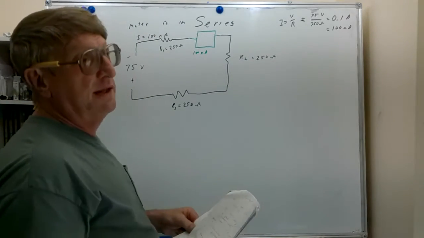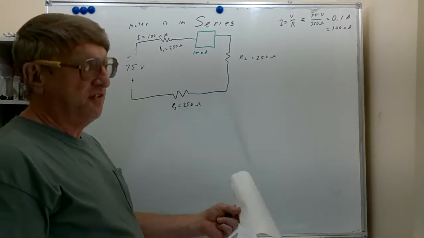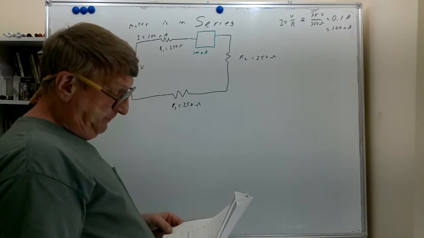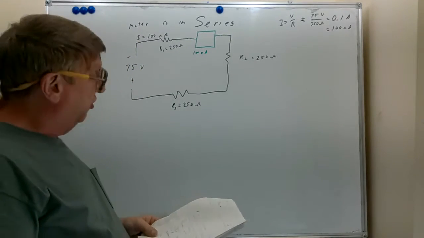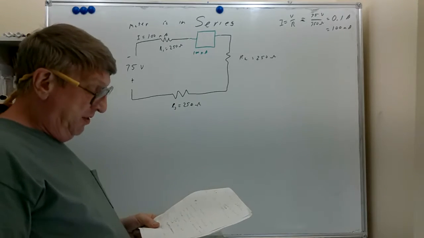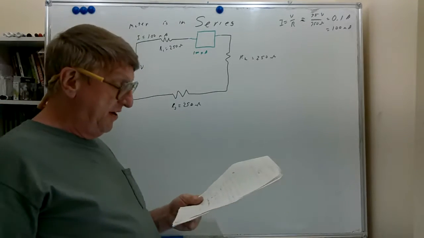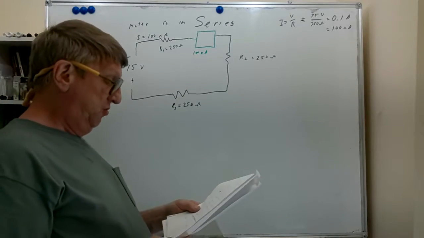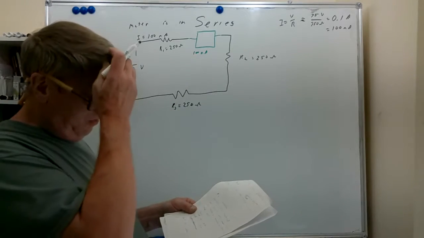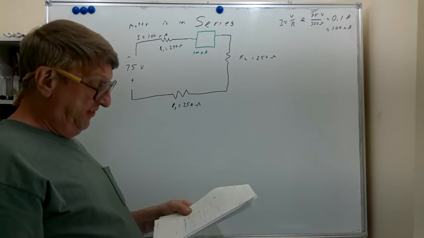Now, we were talking a little bit ago about the resistance of a meter. The 100 milliamp meter is probably going to be less than 1 ohm. The 30 milliamp meter we found to be about 1.2 ohms. 1 milliamp meter, 50 ohms.